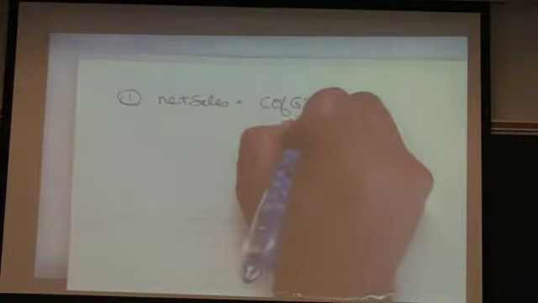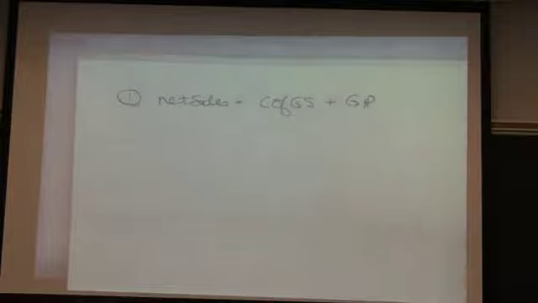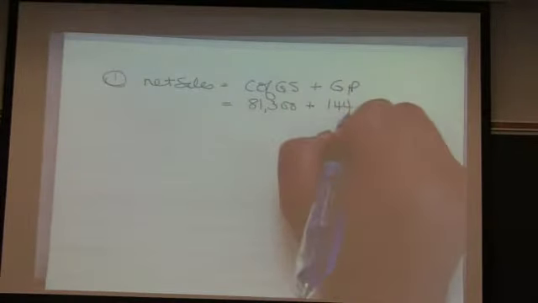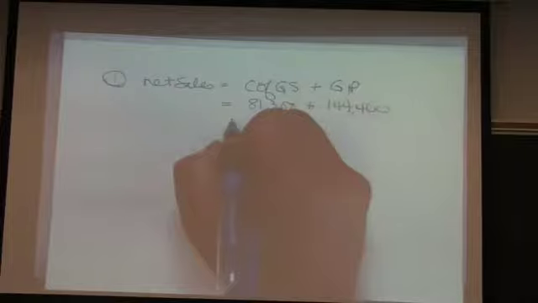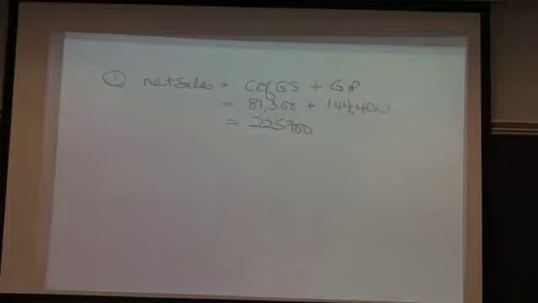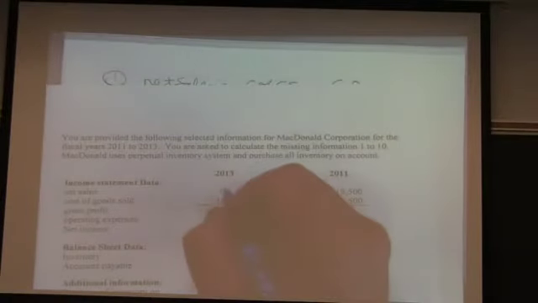So number 1 is net sales equals cost of goods sold plus gross profit. Cost of goods sold is 81,300 plus 144 to give us sales of 225,700. So let me write that down here.